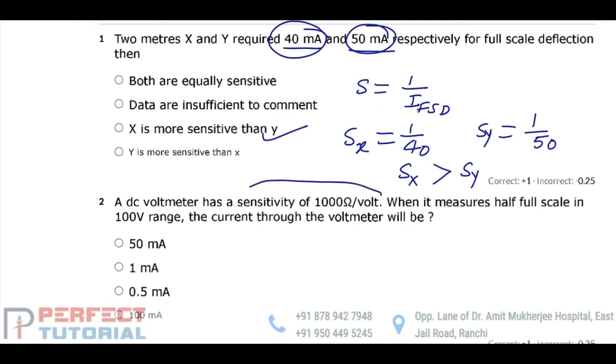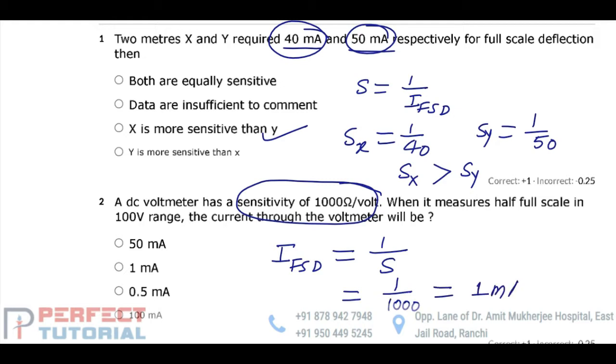See, sensitivity of the voltmeter is given, irrespective of whether it is voltmeter or ammeter. The IFSD value of the instrument is given by 1 by sensitivity. Sensitivity is given as 1000 ohm per volt. So IFSD would be equal to 1 by 1000 ohm per volt. It would give 1 milliampere.